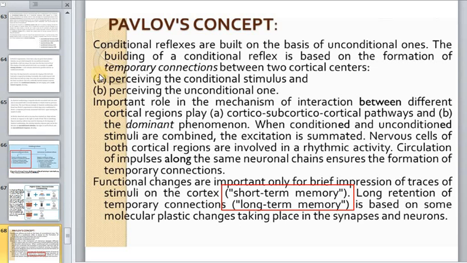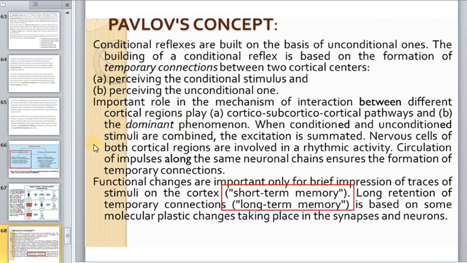And here we see perceiving the conditional stimulus and perceiving the unconditioned one. These are two centers, the center of the unconditional and of the conditional stimulus. An important role in the mechanism of interaction between different cortical regions is played by cortical-subcortical-cortical pathways and the dominant center phenomenon.